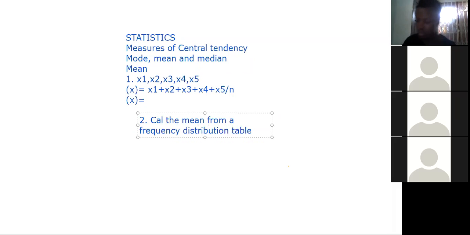It's still under mean. So we are now going to consider calculating the mean from a frequency distribution table.